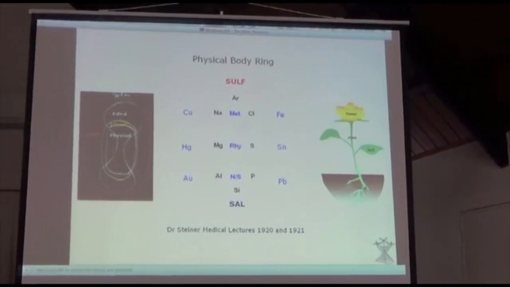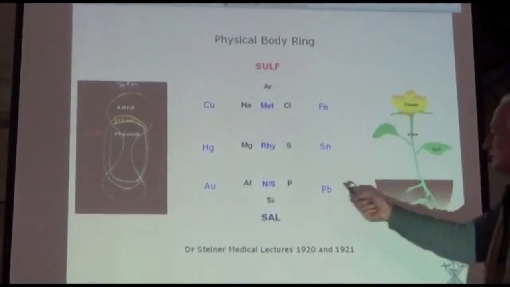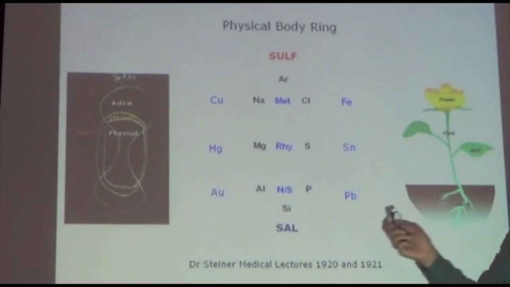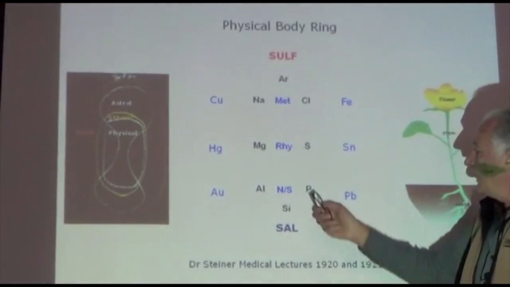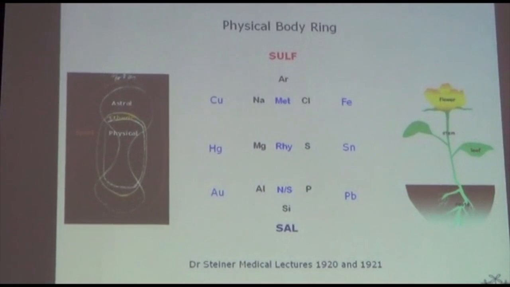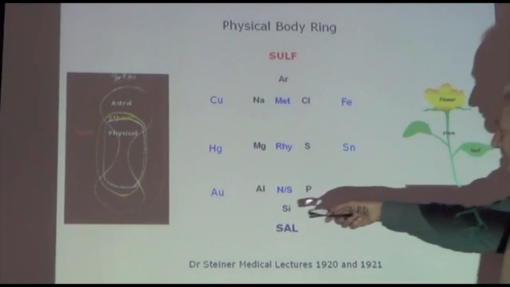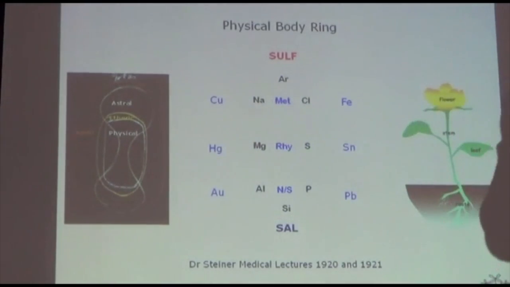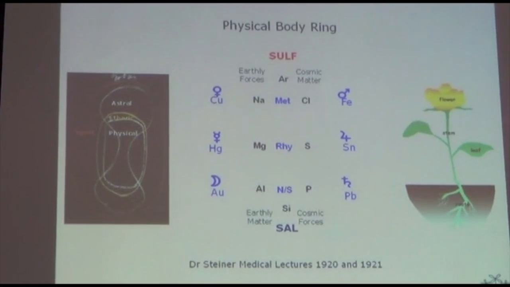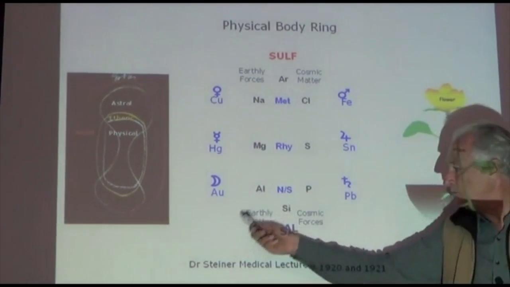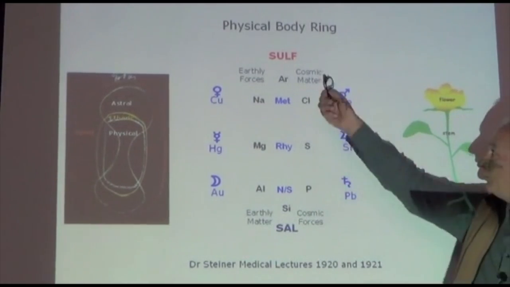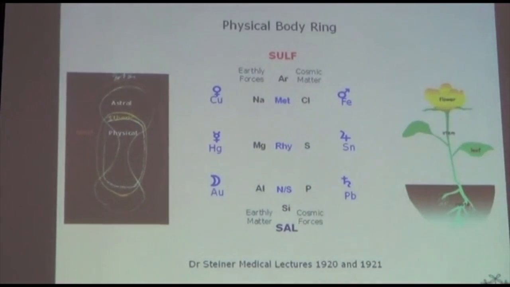Okay, so first of all, he gives the story of how these different processes are all related here. He talks a lot about sodium. He talks a lot about phosphorus as these primary basic elements. But he then goes on and identifies how the metals are related. Once we put the metals on there, we can identify how the planets work, which he puts on there. Within this story, we can bring in these elements from biodynamics, that in the nerve sense system we have the earthly matter and the cosmic forces and earthly forces.